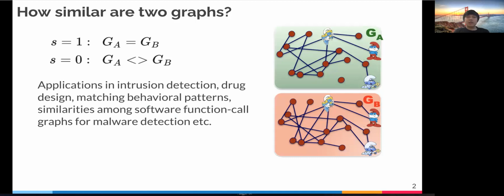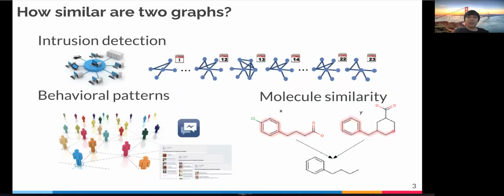This task has several important applications in domains such as intrusion detection, drug design, software security, and so on. For example, in intrusion detection, a program is represented as an execution graph, and then for a query graph, we typically find non-malicious graphs that are similar to the query graph in order to determine whether the program is an intrusion.